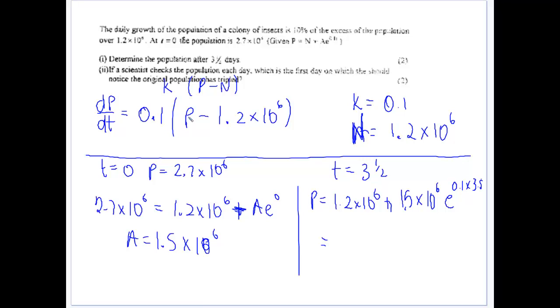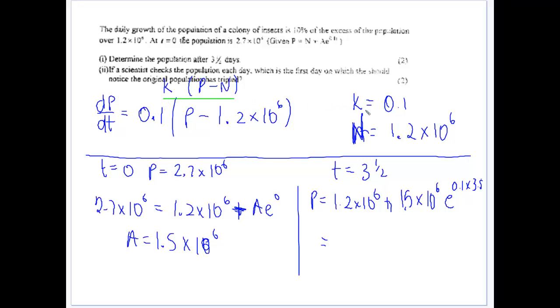So whatever the population is, the excess over 1.2 times 10 to the power of 6. So that's what that expression means there. And the rate of change is 10% of that. So we've gone in that form.